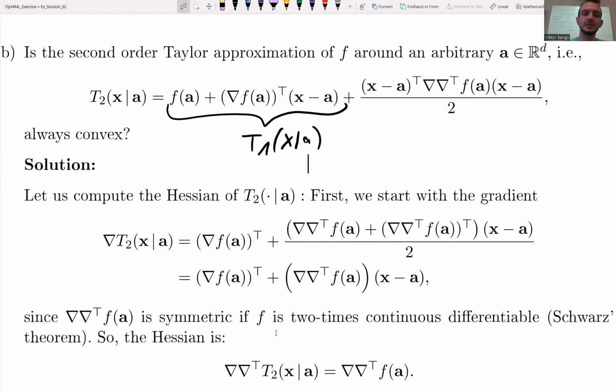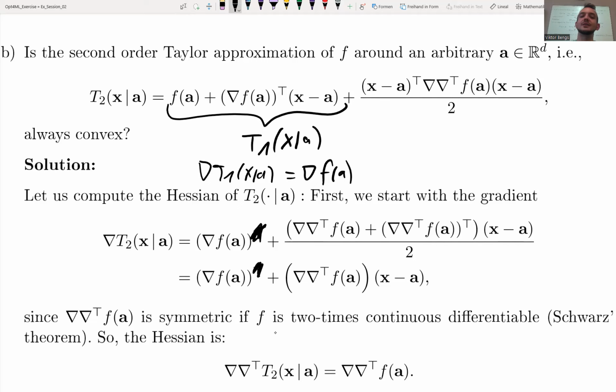Well, the gradient of this thing here is a sum of two functions. The first function is t1, the first order Taylor approximation, of which we know, this is what we have done before, that it has gradient f of, sorry, this is not correct, this is a copy-paste without the transposing.